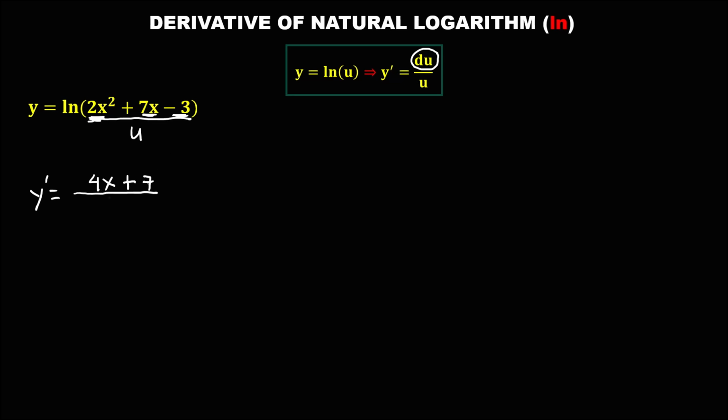So du is 4x plus 7, then over u, and u is 2x squared plus 7x minus 3.